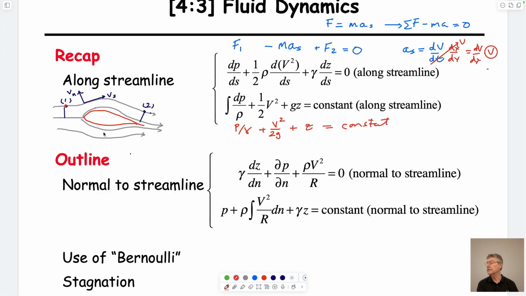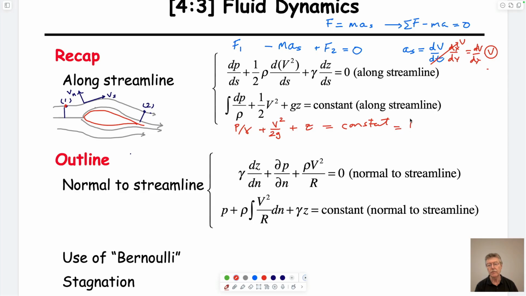And we've done some examples for this using exactly this. So you write it at point 1 and point 2. You have 6 terms in 2 equations that you can equate to each other, and you hope you only have one unknown. On the apron at San Francisco Airport, the only unknown was the pressure that we get converted from the velocity coming out of the plane, 100 miles an hour, 200 meters a second, that we change from 200 meters a second to 0, and we calculate the pressure that is developed.